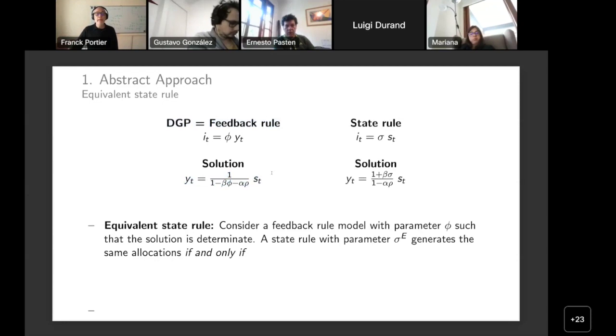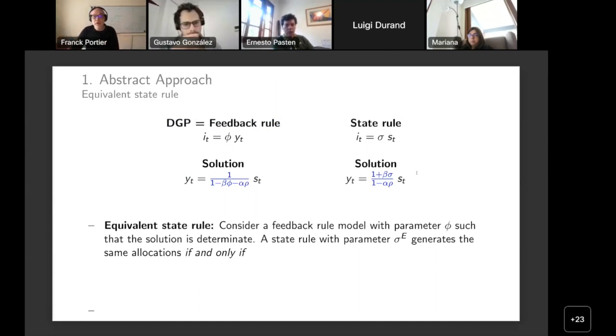And then I'm wondering, can I think of a state rule that will produce the same allocations? Okay, that's my question. So a necessary condition, which will also be sufficient, and again, it's not rocket science: if I want the two allocations to be the same, I need those two blue terms to be equal, right?